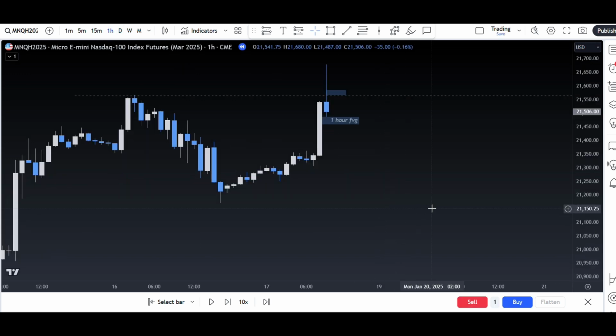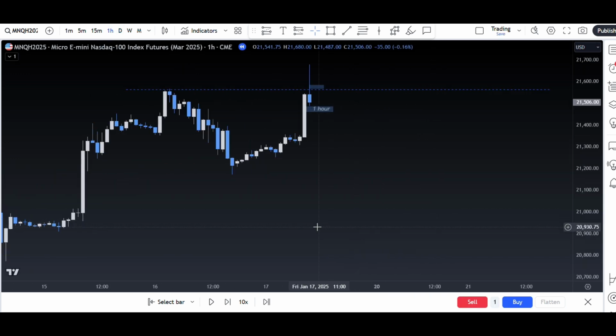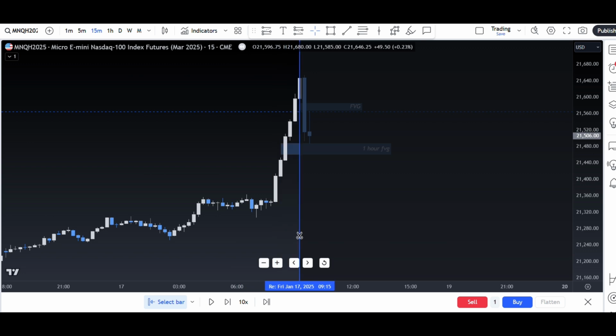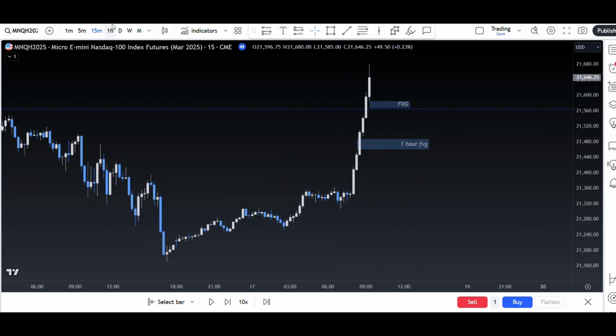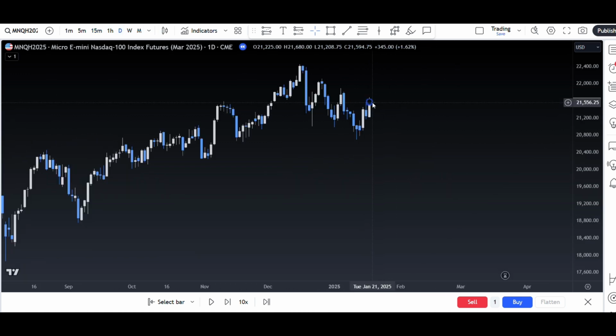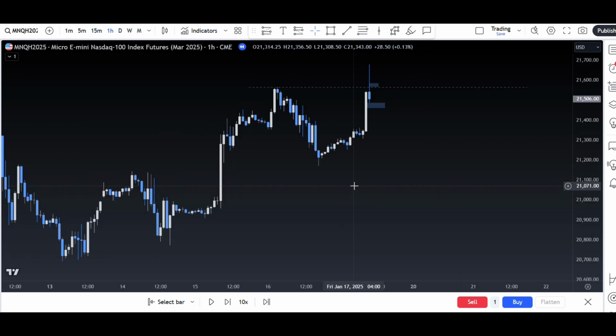So, let me backtrack. This was at 9:15. From the daily chart, I always go from the daily to the 1 hour. This 1 hour candle wasn't there yet.